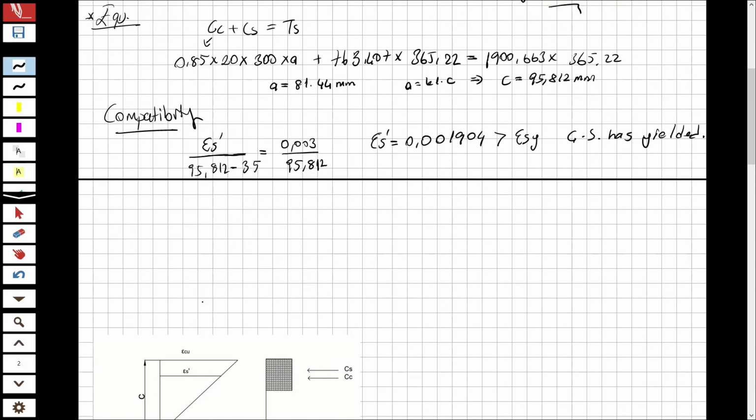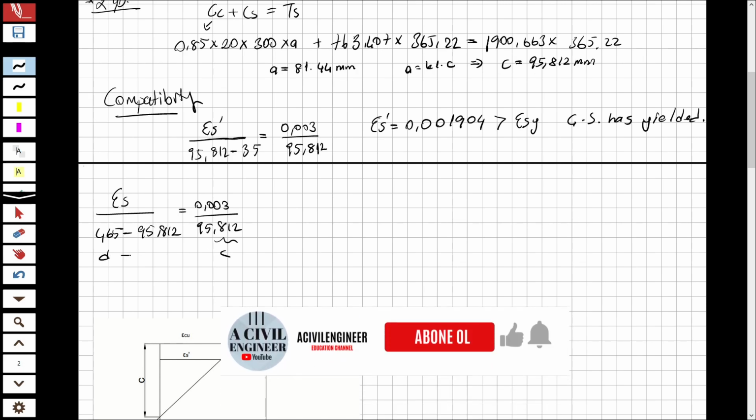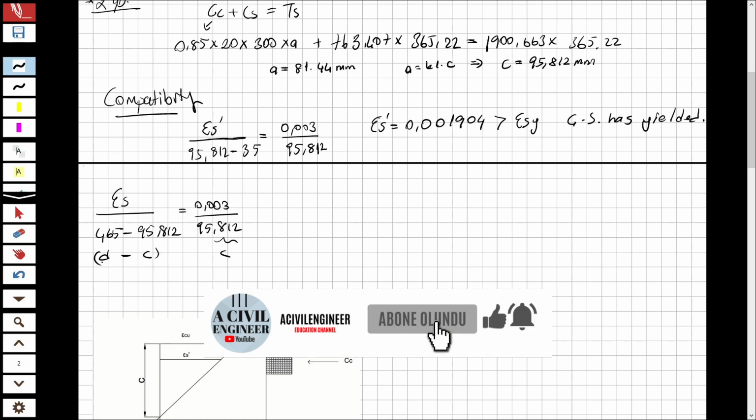So let's write it. Epsilon S over 465 minus 95.812 equal to 0.003 over 95.812. This is C, and this is D, this is D minus C.